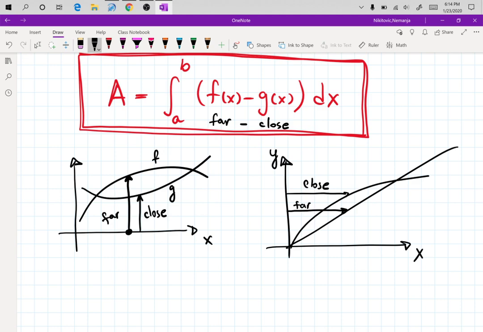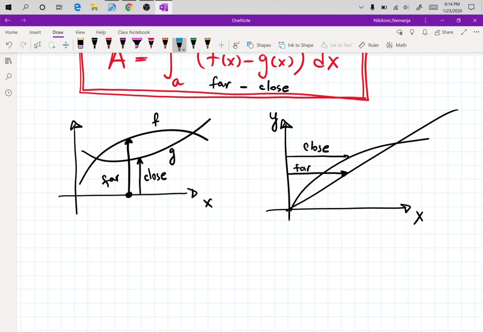If you want to calculate this one with respect to x, then the root is far and the linear is close. So I'm going to now do the other side. Close and far. Do we see they're flipped? So that's what I hope you will remember. Far minus close. Not f and g, not top and bottom, not right and left, but far minus close. That's all I care about. Far minus close.